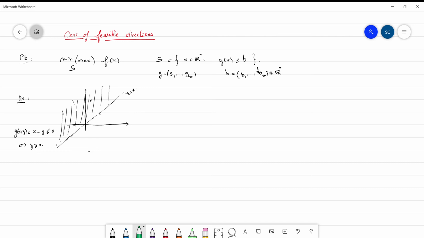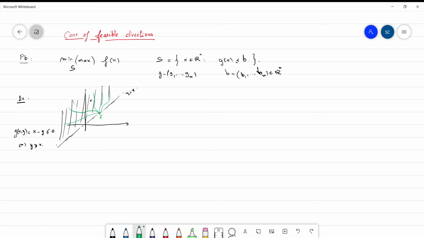So I will say that this is a candidate point if I can check, for any curve passing through x star and remaining inside my constraint set, I can make the comparison.